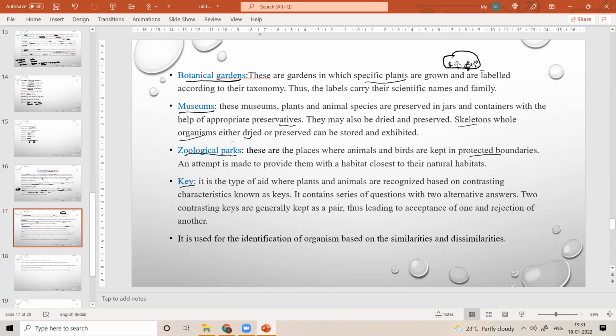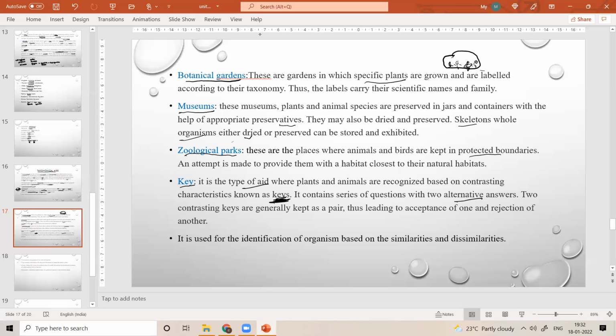So what is a key? Basically, a key is a type of taxonomic aid where plants and animals are recognized based on contrasting characters known as keys. Using these keys, we can recognize the organisms. We always have a series of questions which have two alternative answers in keys. For example, whether the organism has a tail or not.